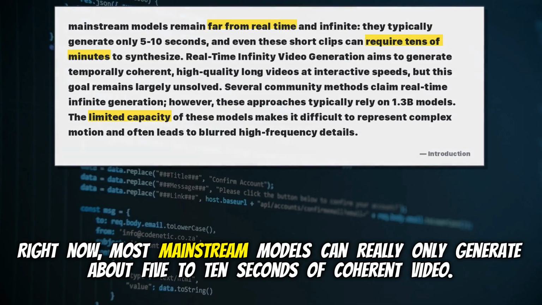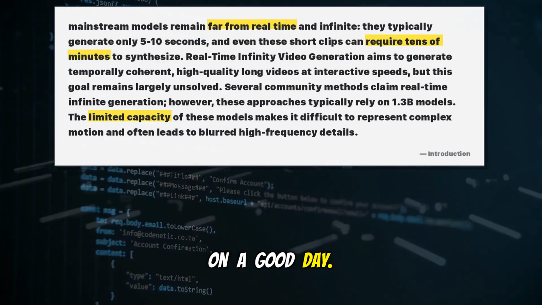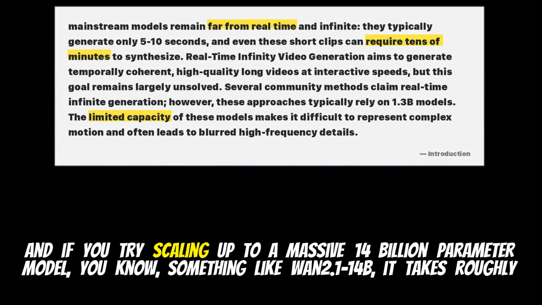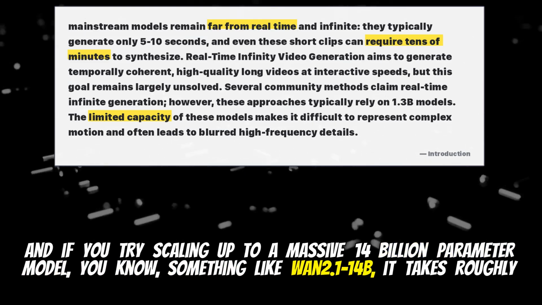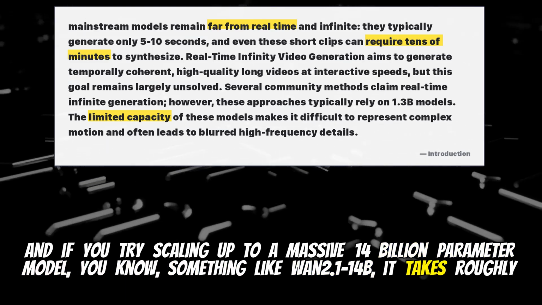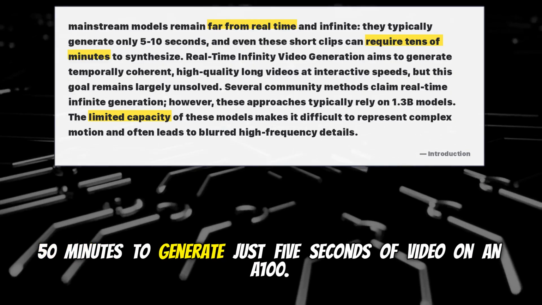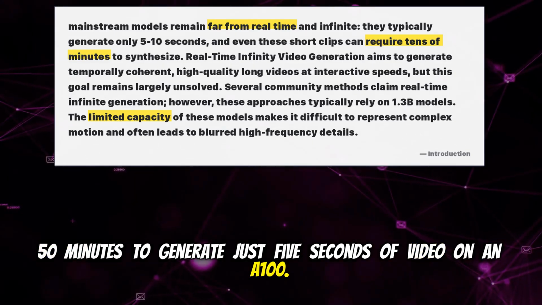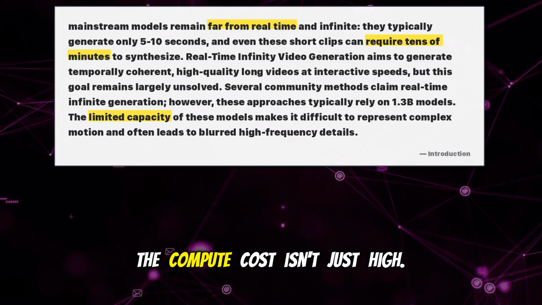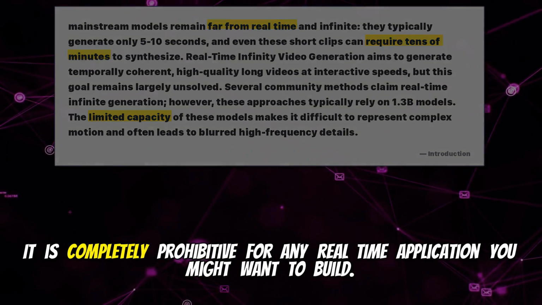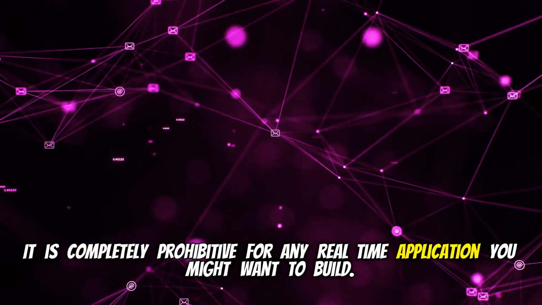Right now, most mainstream models can really only generate about 5 to 10 seconds of coherent video. On a good day. Exactly. And if you try scaling up to a massive 14 billion parameter model, something like Wan 2.1 14B, it takes roughly 50 minutes to generate just 5 seconds of video. On an A100. Yeah, on an A100. The compute cost isn't just high, it is completely prohibitive for any real-time application you might want to build.